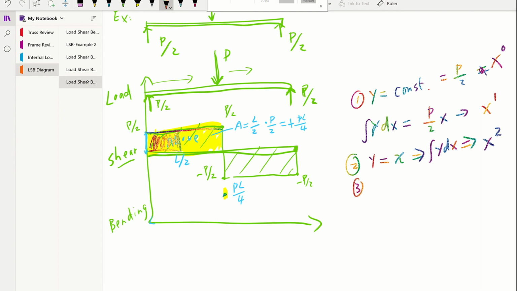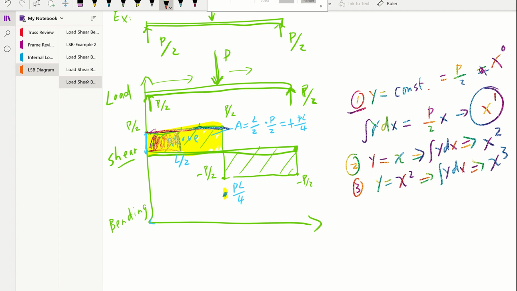Then let's continue. If y is already power of 2, when you integrate y, we will get power of 3. Okay? So knowing this, go back to this particular problem, which applies to our scenario number 1, because this shear we're about to integrate to get bending is a constant value, so we're going to get a power of 1, which is linear.